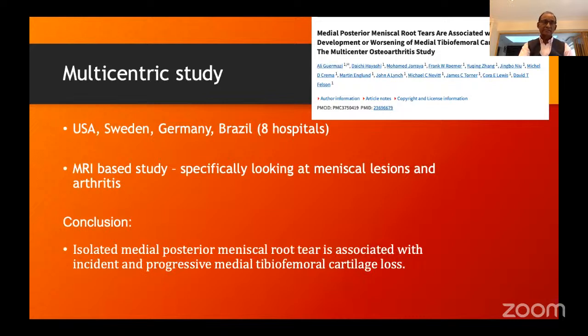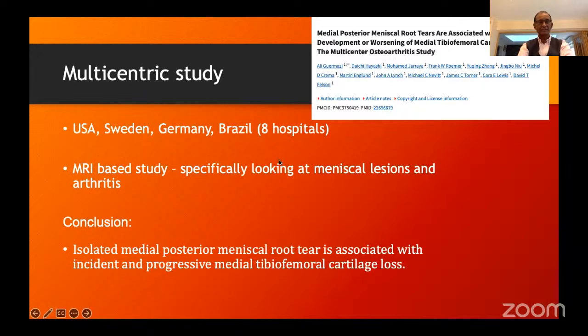Now, this is another multicentric study where posterior medial meniscal root tears were found to be associated with worsening medial tibiofemoral damage. This was a very large study, and it showed that the isolated medial posterior root tear is associated with progressive arthritis.